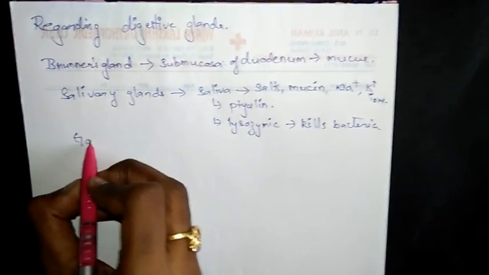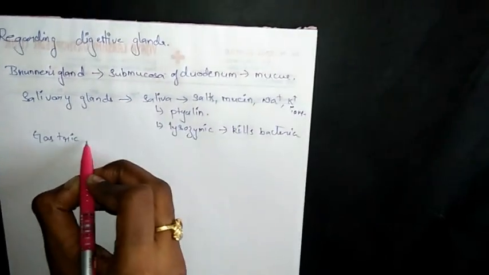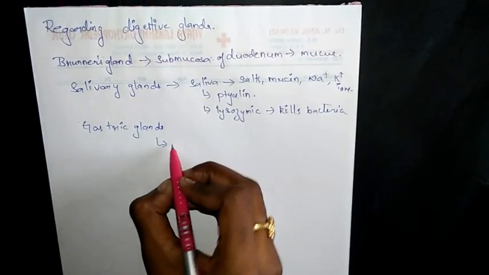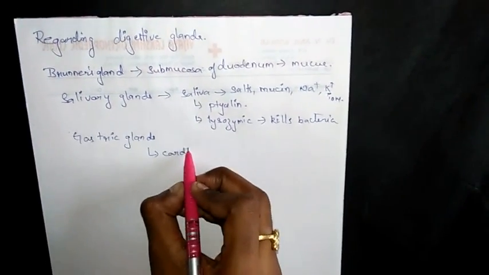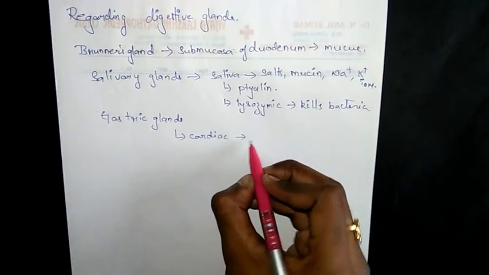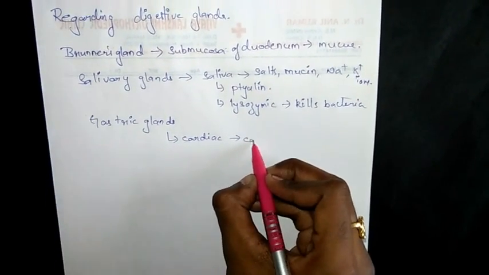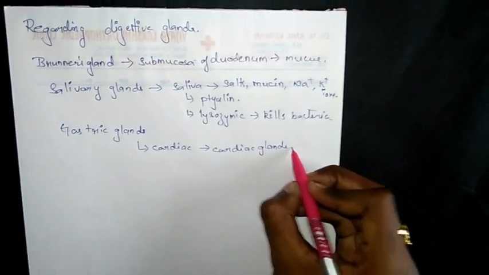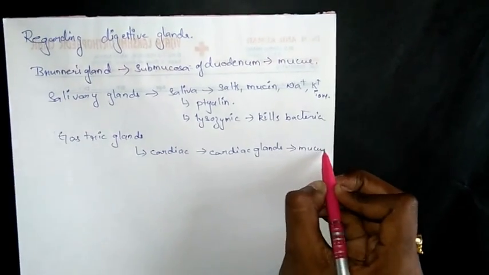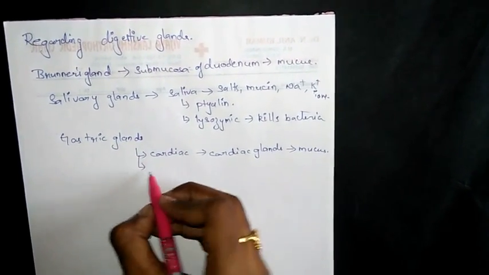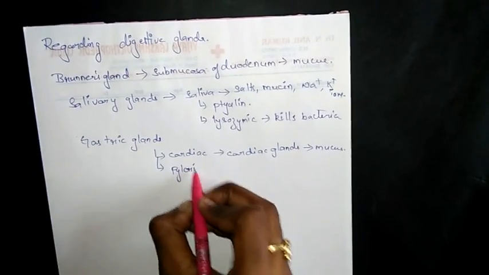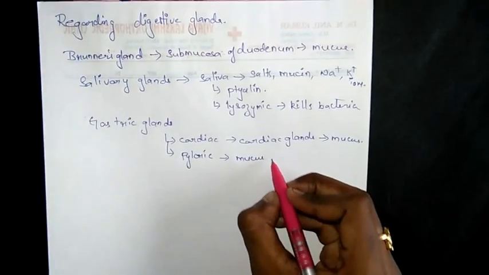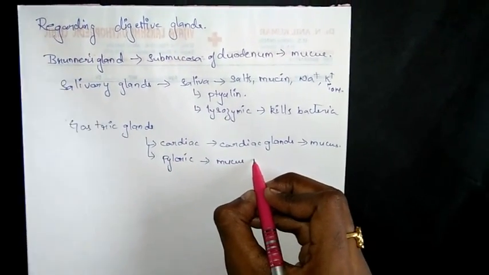Next, the gastric glands. The cardiac portion contains cardiac glands, which secrete mucus, and the pyloric portion also secretes mucus in addition to the hormone gastrin.